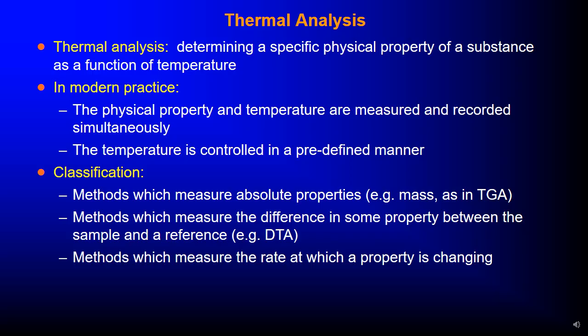Methods which measure the difference in some property between the sample and a reference are handled with differential thermal analysis. Methods which measure the rate at which a property is changing are handled with differential scanning calorimetry.